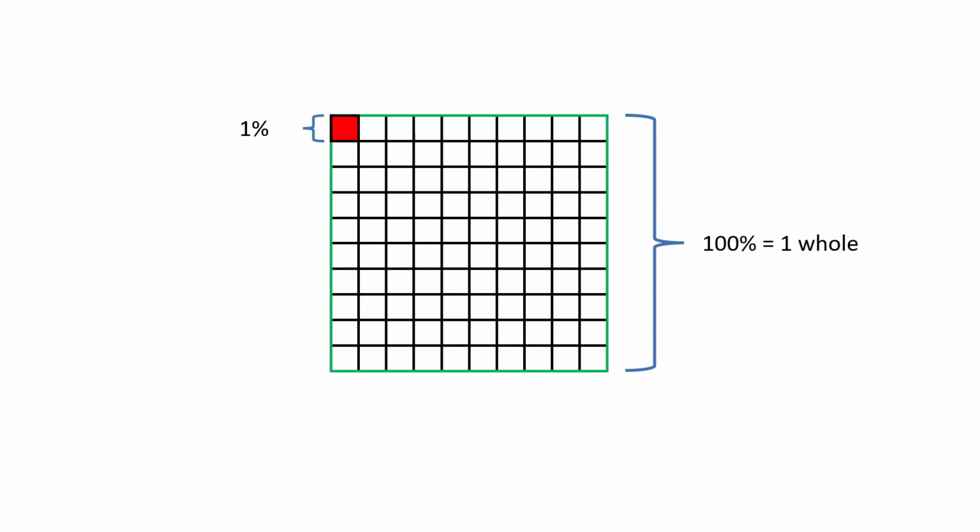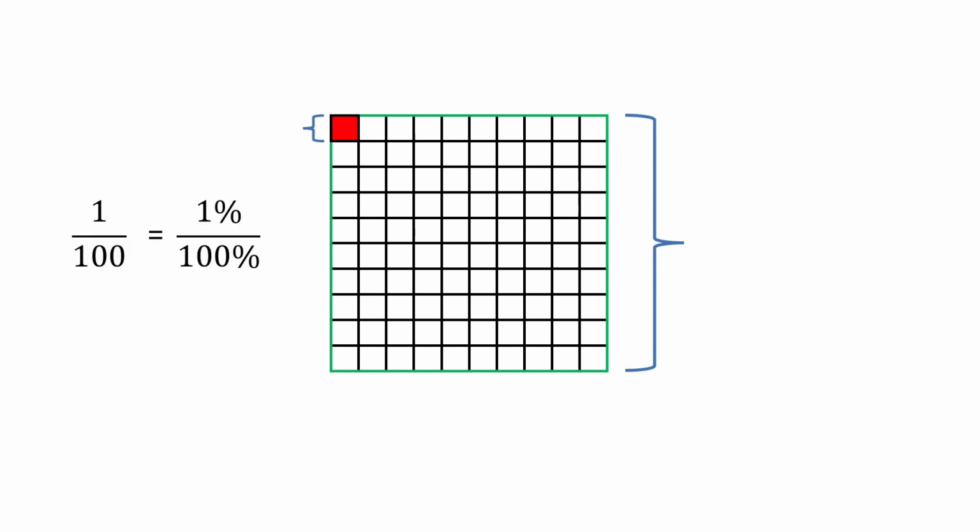That's what 0.01 means. So when you see 0.01, when we're talking about percentage, that's 1%. A 1/100th of the whole is equal to 1% of 100%.